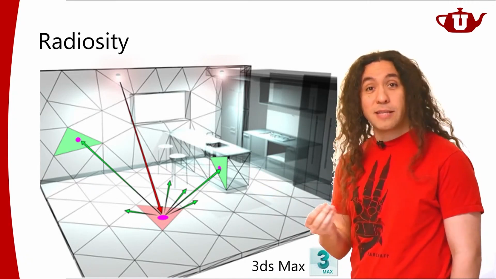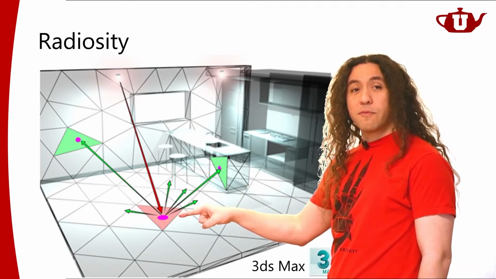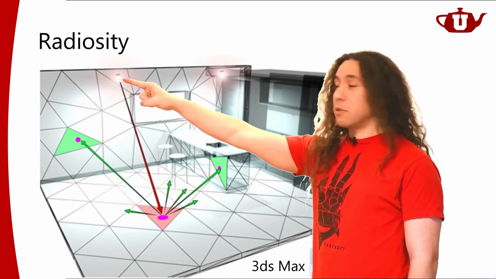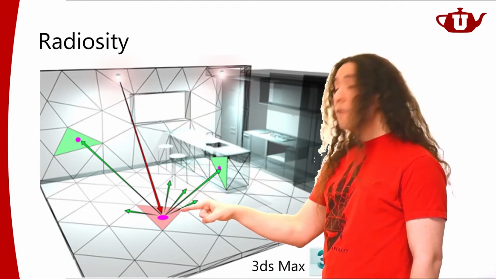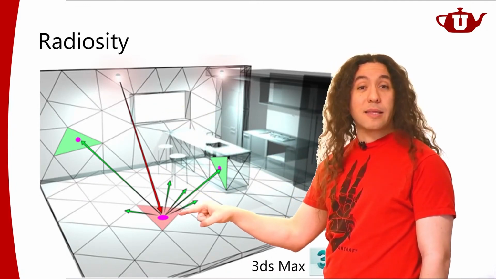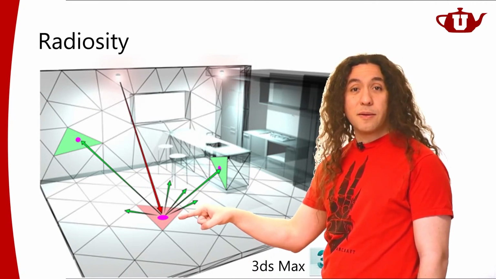Now, what Radiosity tries to do is compute what are called form factors. Consider the light that's coming to this surface from a light source like this one. This surface is going to start illuminating the other surfaces because of the reflected light, right?